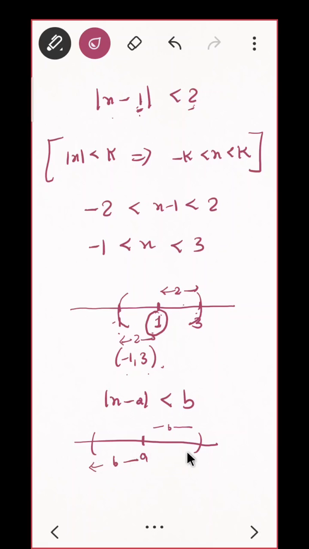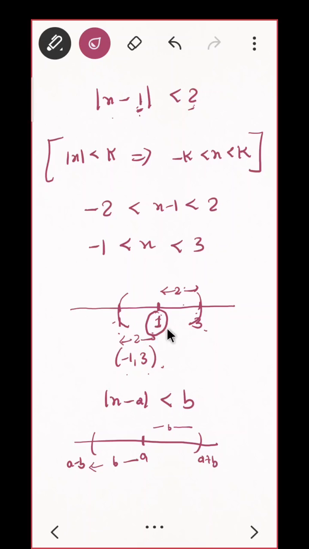That means this guy will be a plus b, and this guy, sorry, I should not put bracket, will be a minus b. Do you agree? Just check with this guy, that is 1 plus 2, this is 3, and this is 1 minus 2, that is minus 1. Is that correct?